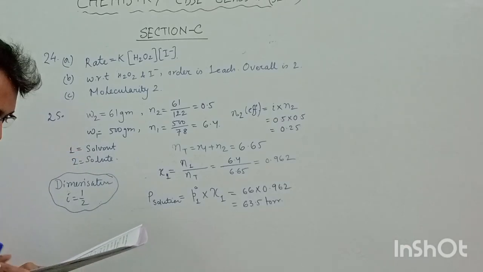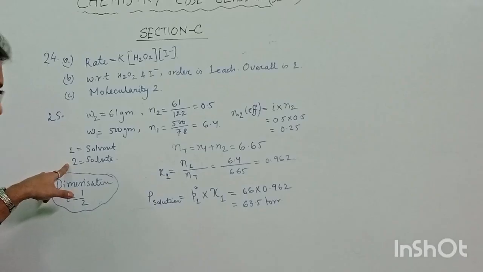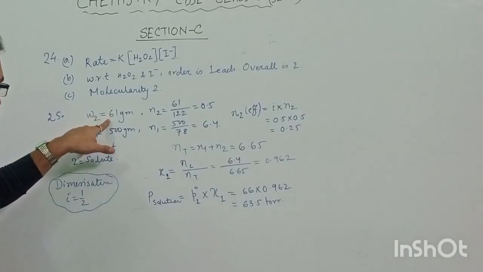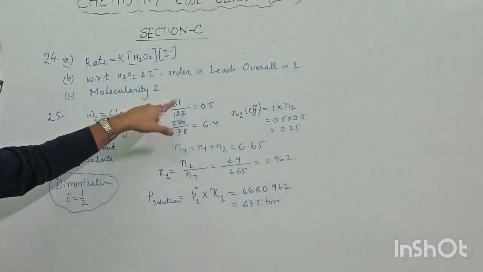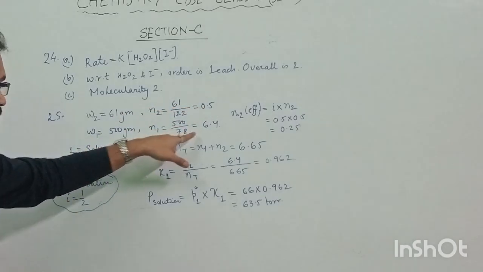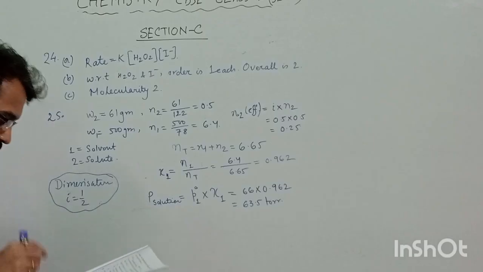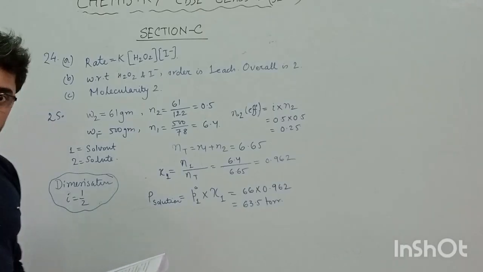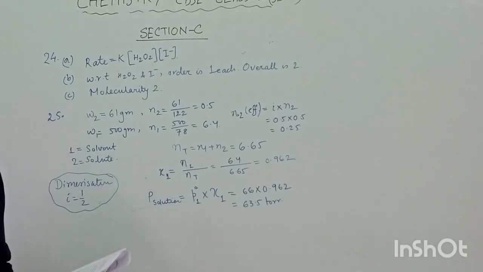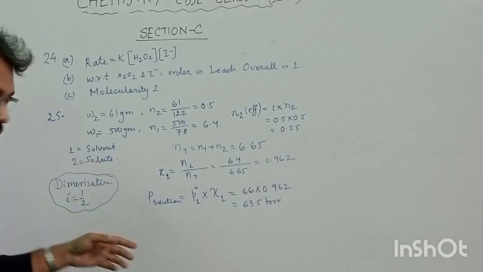In question number 25, let's say 1 is the solvent, 2 stands for the solute. Then W2 is 61 gram, N2 we can get 0.5, and N1 we can get 6.4, right? Now, this benzoic acid forms a dimer in benzene, so the Van 't Hoff factor will be less than 1, that is half.